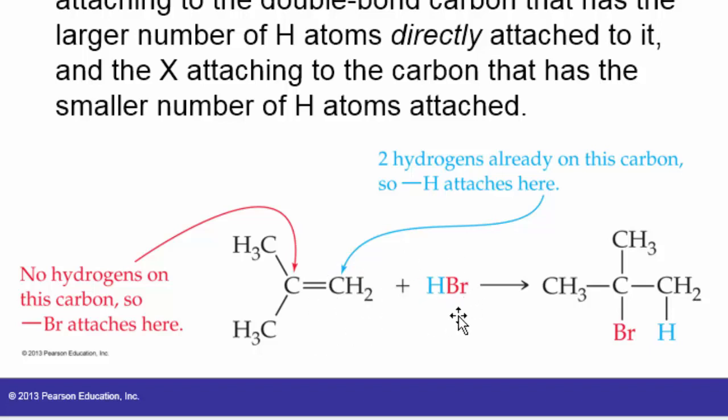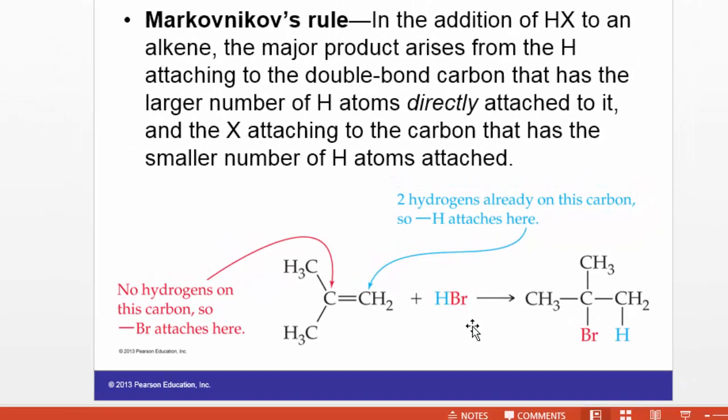HBr consists of H and Br, where H is added to this carbon because it has the larger number of hydrogens, and Br is added to the other one. There are no hydrogens on this carbon, so Br attaches here, and we get only this one product.